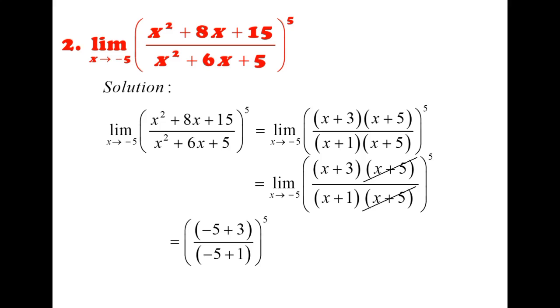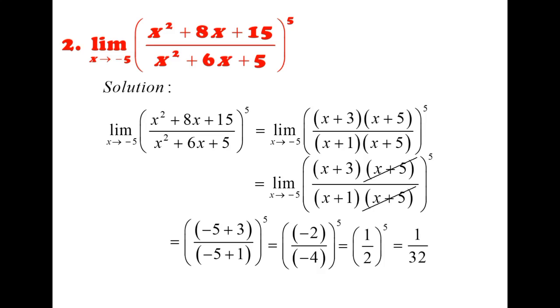As we evaluate, negative 5 plus 3 became negative 2, then negative 5 plus 1 is negative 4. Since negative 2 and negative 4 can be simplified by dividing both numerator and denominator by negative 2, it became 1/2. So 1/2 raised to 5, and that is 1 over 32.